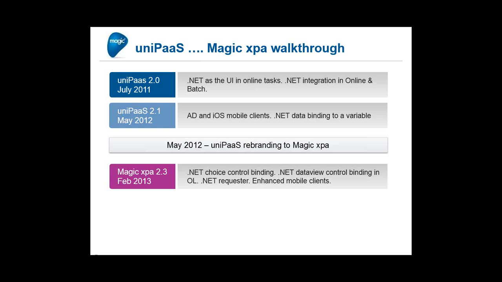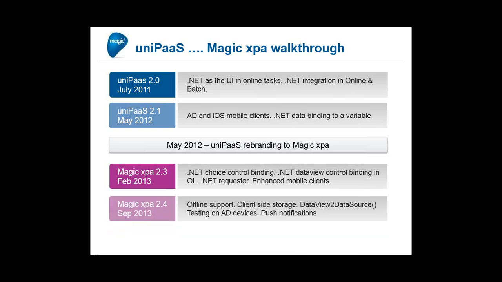We came out with a requester for .NET, which means that any .NET application could actually call a Magic application through a .NET requester and actually bind with existing .NET applications. And like I said, we enhanced our mobile clients as we went along.